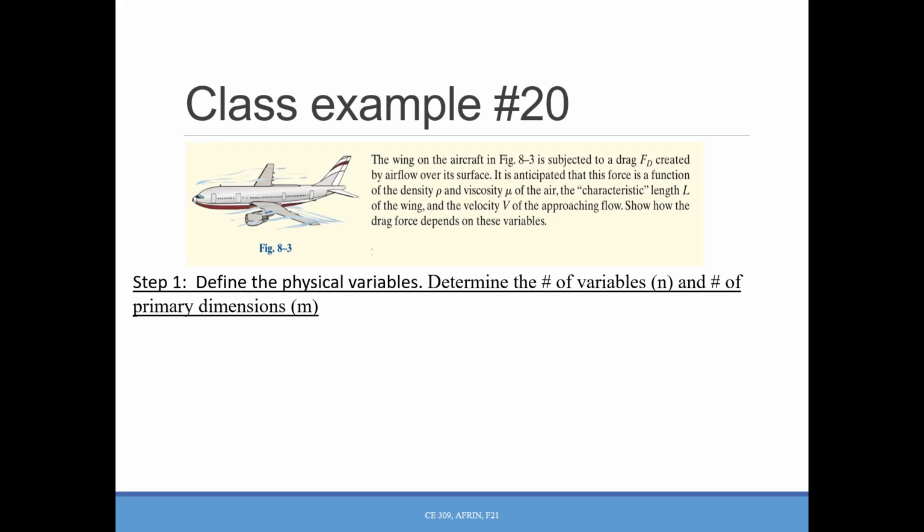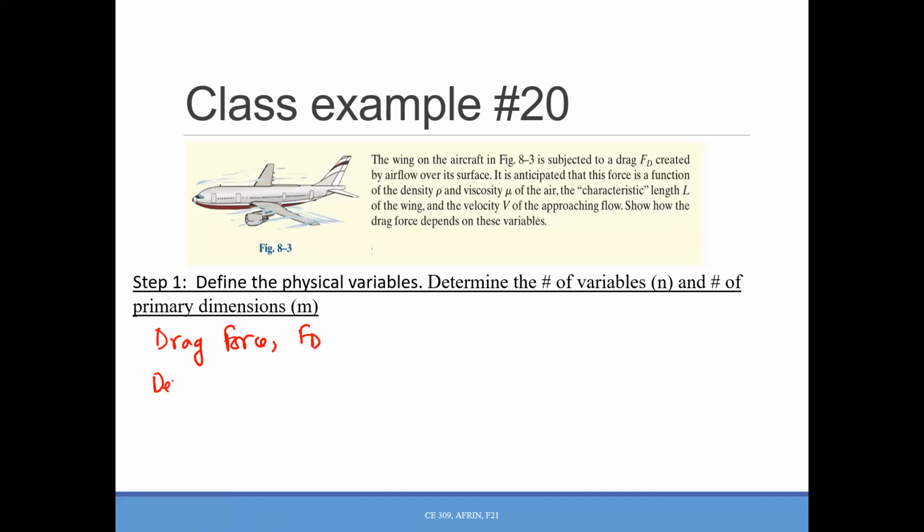It has a few steps. You can find those in your lecture copy. Step one is to define the physical variables, determine the number of variables and the number of primary dimensions. So the physical variables: the very first one will be the drag force Fd.